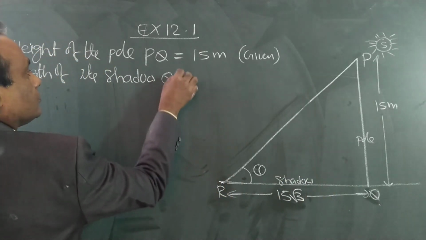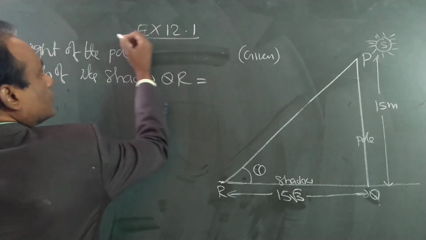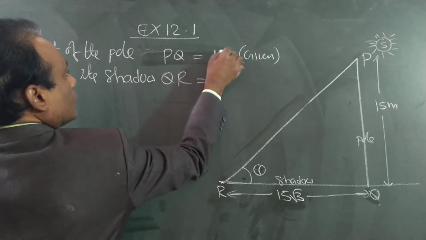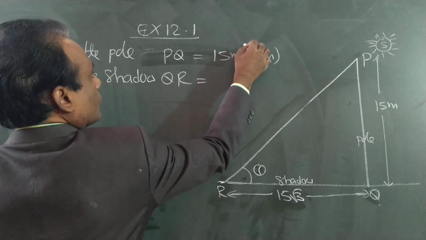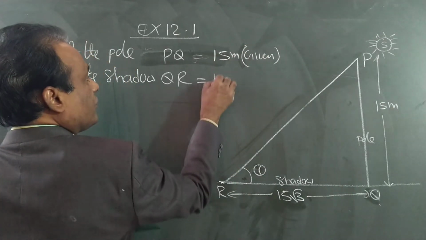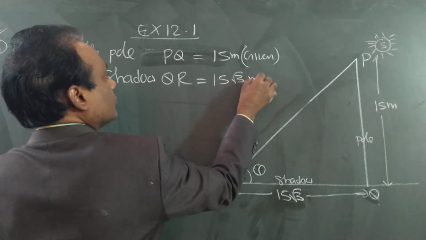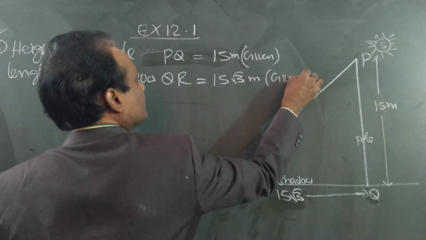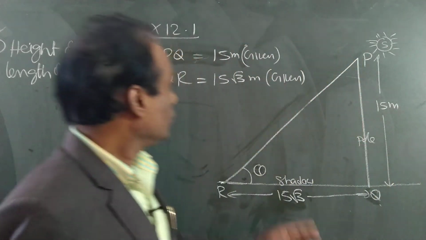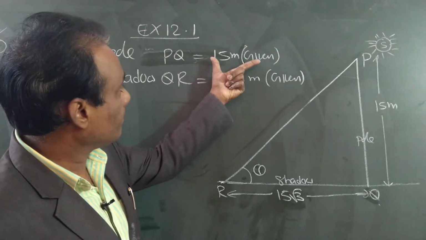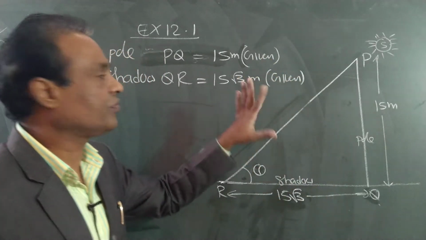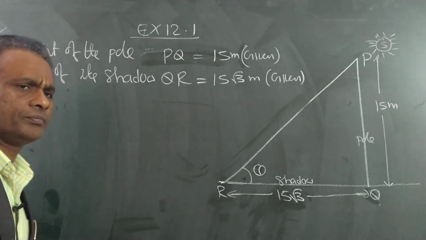QR. Shadow is equal to 15 root 3 meters. This is also given. If you are not following, you just tell me. So the length of the pole is 15 meters, the length of its shadow is 15 root 3 meters. These two are given.